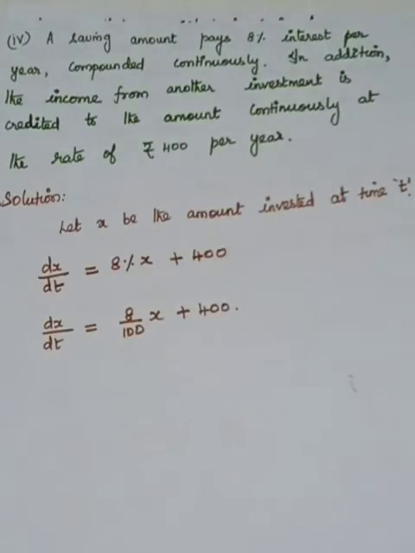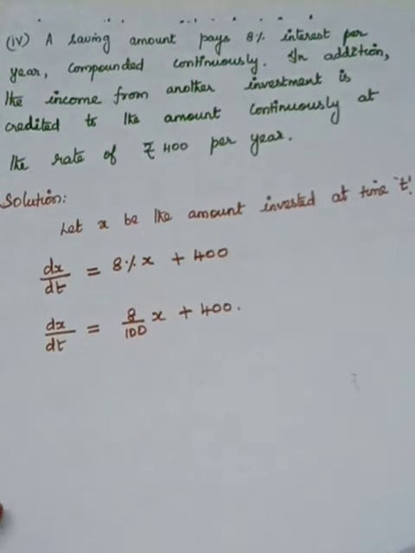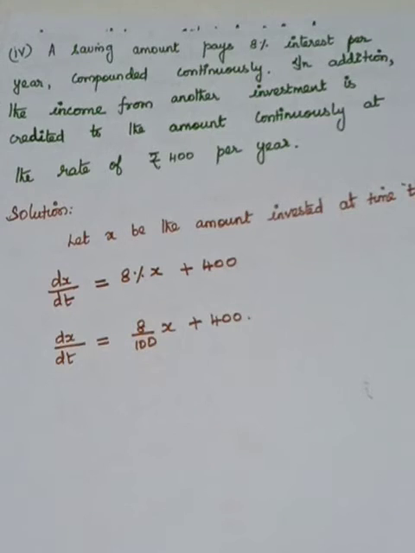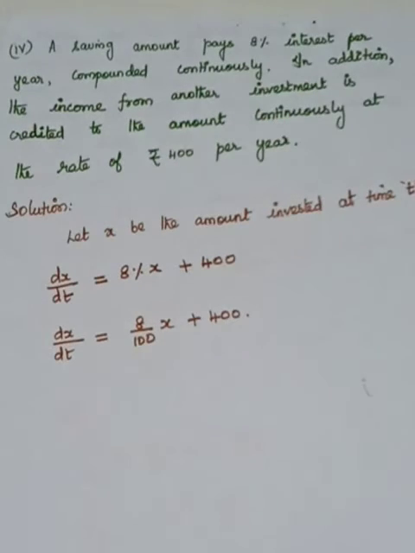And the next one, a saving amount pays 8% interest per year. ஒரு சேவிங் அமௌண்ட்டை அதோட இன்ட்ரெஸ்ட் ரேட் வந்து 8%. It is compounded continuously. In addition, the income from another investment is credited to the amount continuously at a rate of 400 per year.